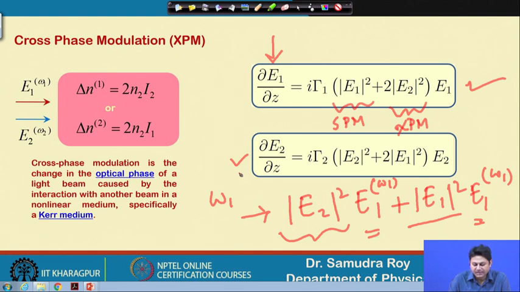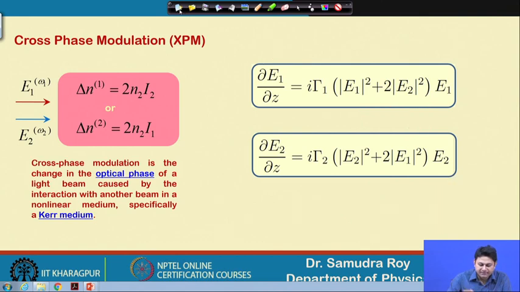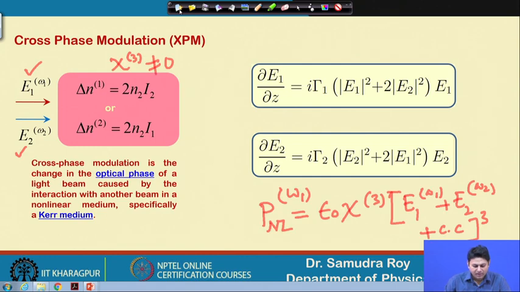We get a similar expression for E2, with E1 and E2 interchanged, and you get a set of coupled equations. That is the derivation we did in the previous class. Today what we essentially do is try to solve this and find out the effect on amplitude and phase.